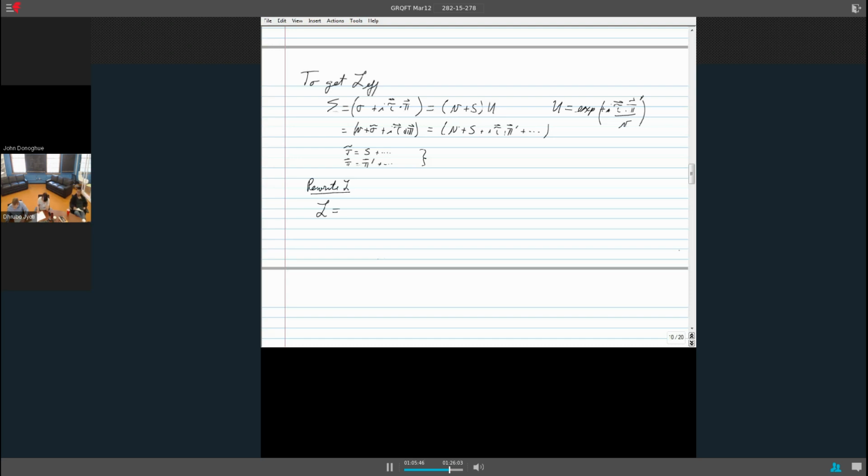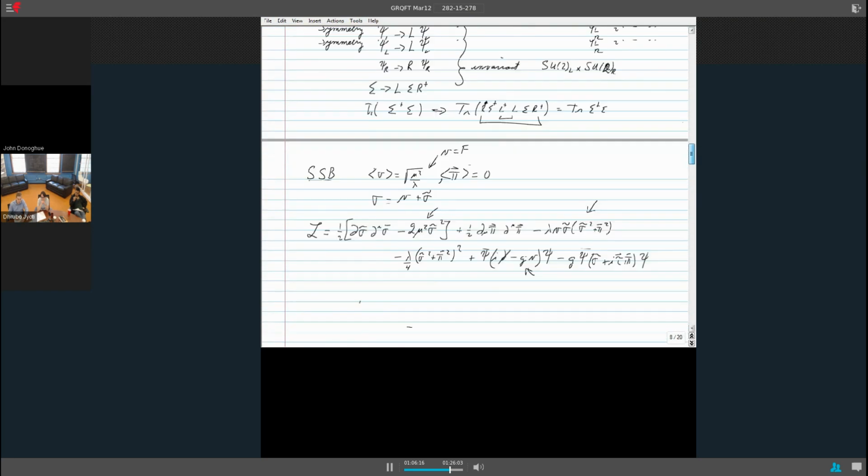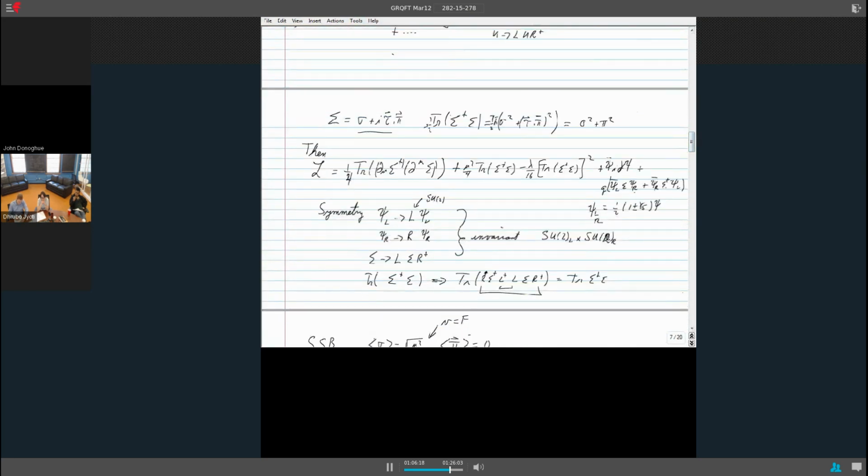And on the other side here, I have V plus S is how it starts out. If I expand the exponential, I get a 1, which is the V plus S, and then the tau dot pi prime, the first order piece: the 1 over V cancels the V, and I get i tau dot pi prime, and then I get higher order terms.